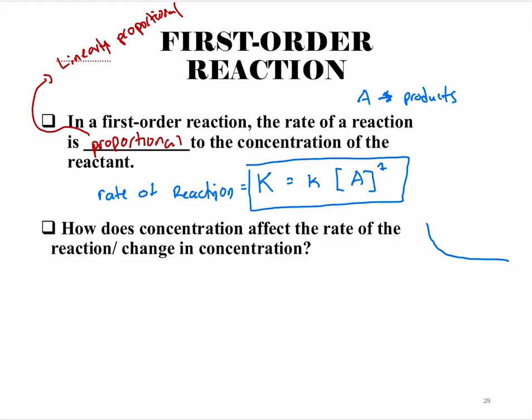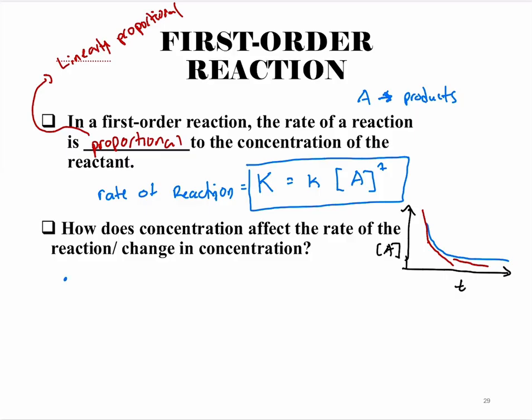Remember, the reaction rate K can be represented by the line at each point like that. And the slope of that line is the rate of the reaction if it's concentration versus time. We'll talk more about the plots in a second, but this is time and this is the concentration of A. That slope is getting smaller as the reaction proceeds.